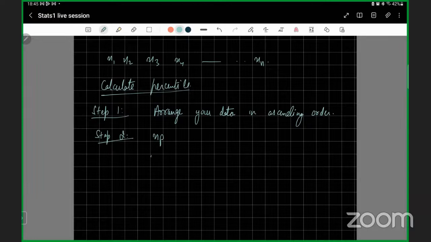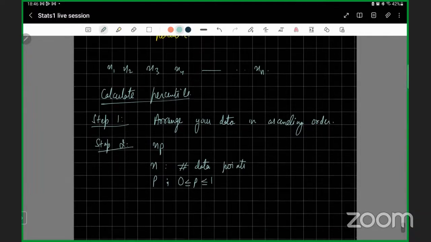So what is n? n is the number of data points. And p will lie between 0 and 1.